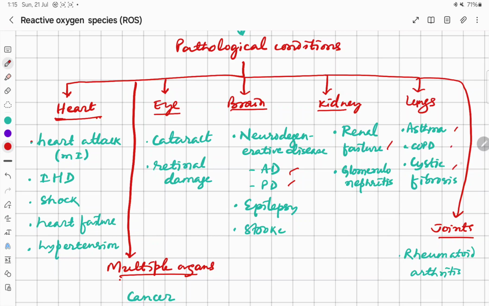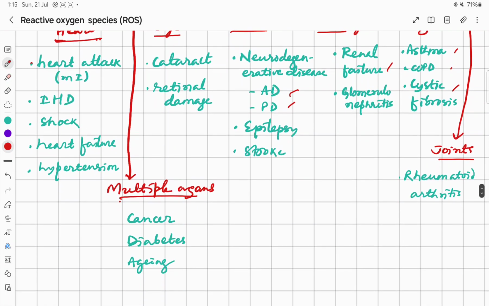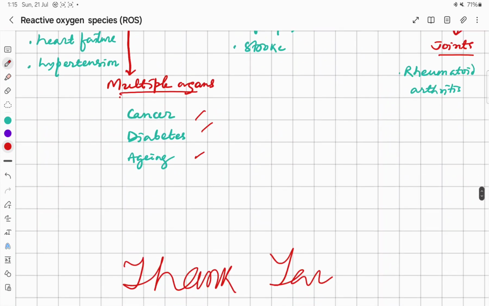Asthma, COPD, cystic fibrosis, all are due to oxidative stress in the lungs. Rheumatoid arthritis due to oxidative stress in joints. And when there is oxidative stress in multiple organs, we can have cancer, diabetes and aging. We are growing old day by day because of oxidative stress.